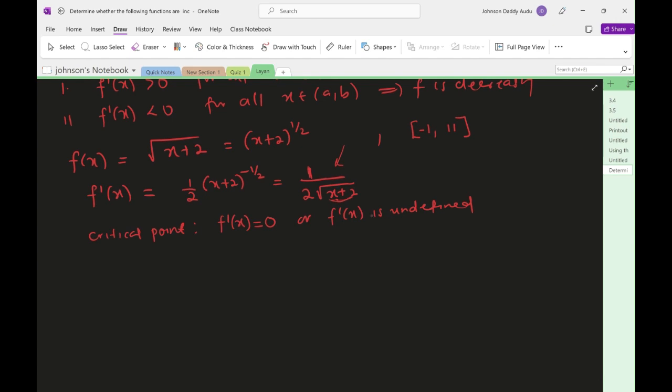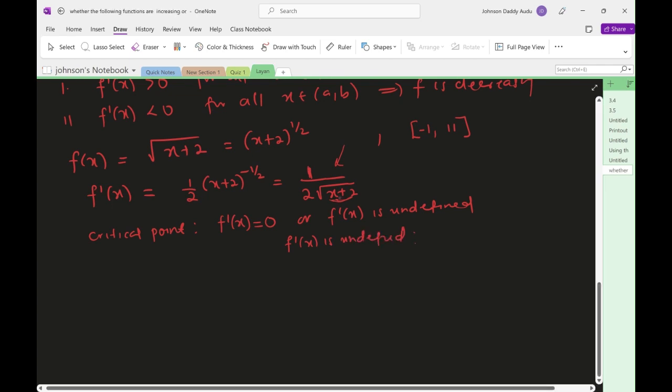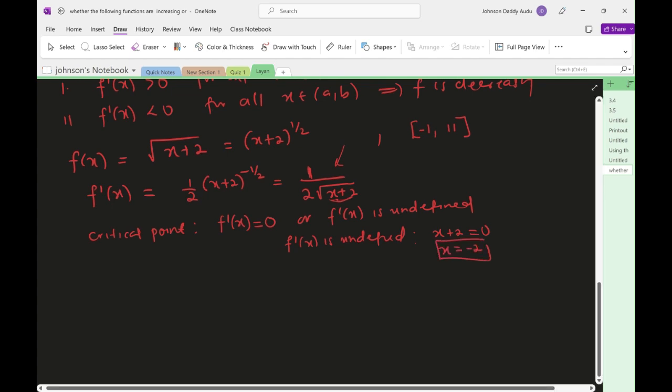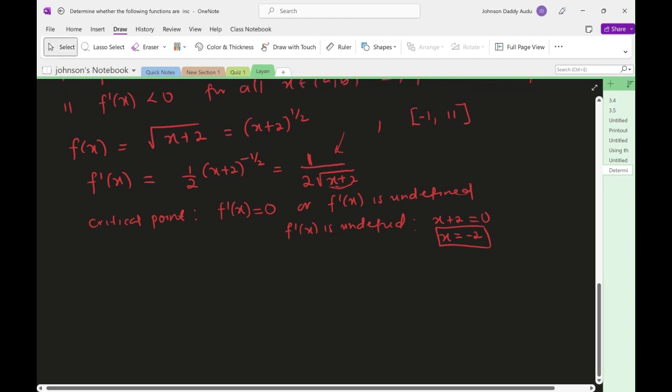So f prime of x is undefined when the content here is equal to 0, so when x plus 2 equals 0, because you will have 0 in the denominator. This means x is equal to -2.